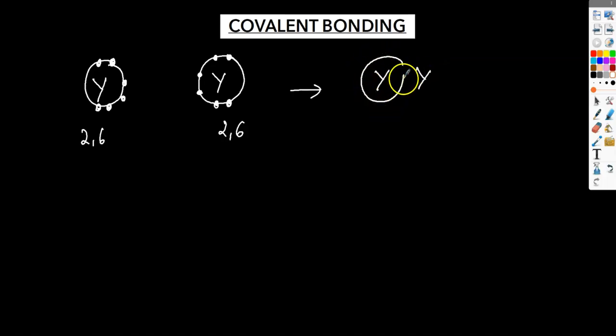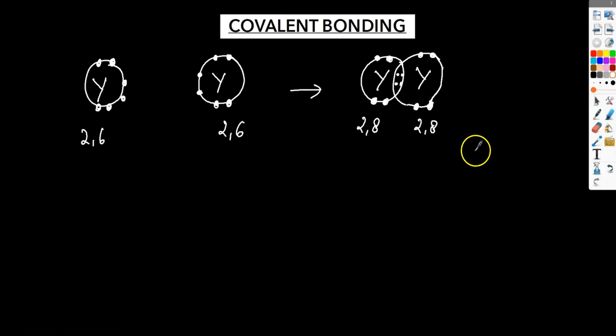What will happen is they both share 2 electrons, so they have two shared pairs, which results in 2,8 electronic configuration of both the non-metallic atoms.